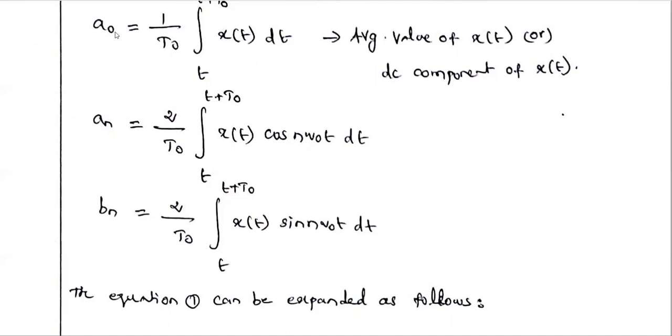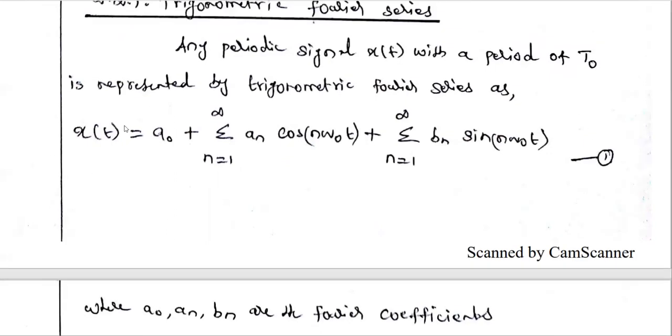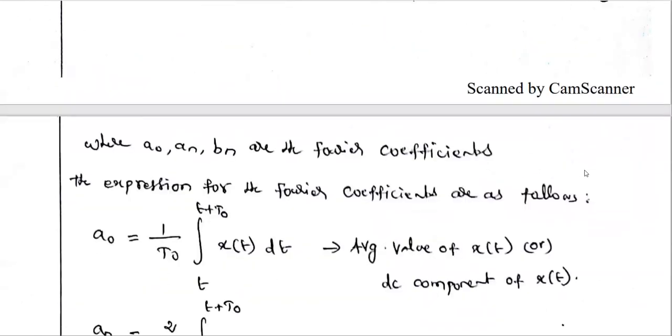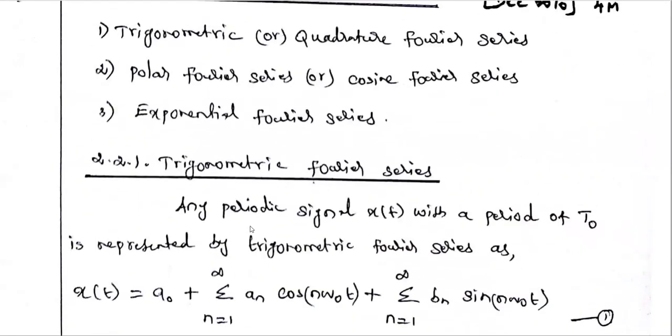Okay, and after calculating a naught, an, bn, we have to substitute in this x of t equation and expand. Expanding gives the Fourier series representation of the given signal x of t. If you expand equation number 1, we get x of t equal to a naught plus the summation n equal to 1 to infinity.